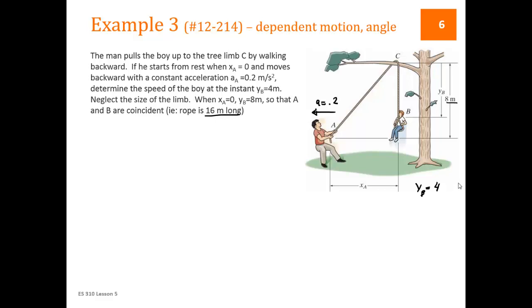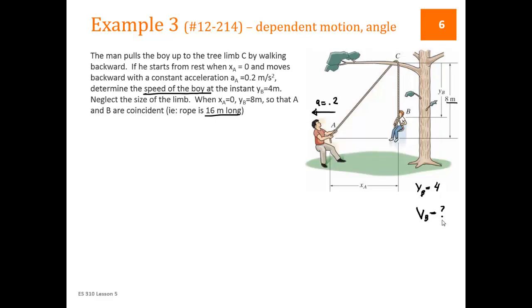So if YB is 4, can we figure out what the speed of the man is at that time? We have constant acceleration, and we're asked to determine the speed of the boy. We're looking for VB. That's our ultimate goal.